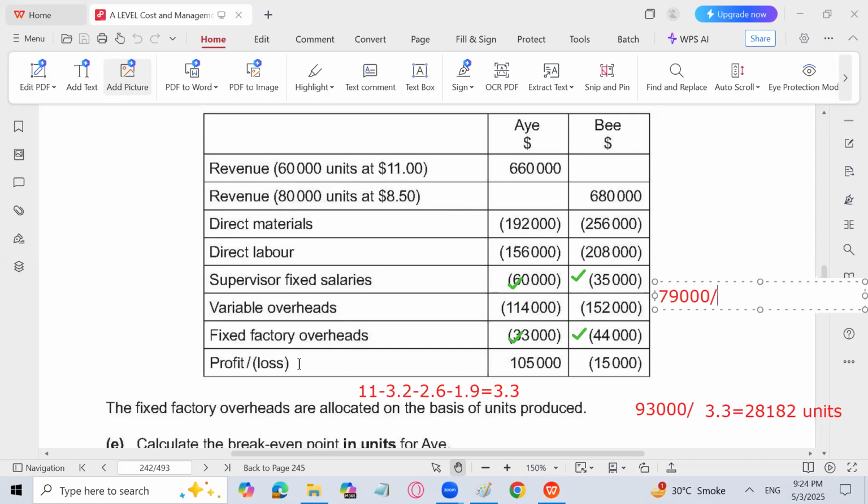Selling price is 8.5 minus direct material per unit. I have to calculate that: 256,000 divided by 80,000, that is 3.2, minus 208,000 divided by 80,000.